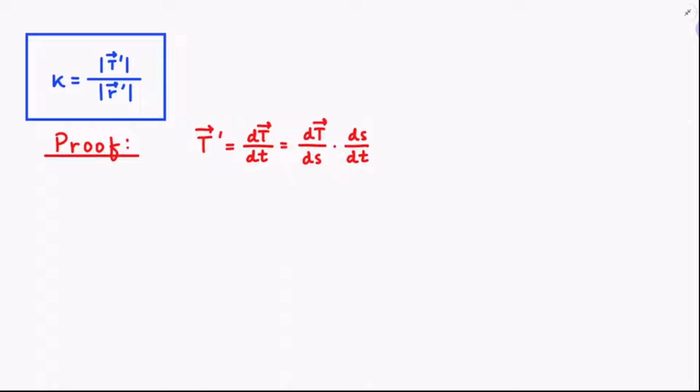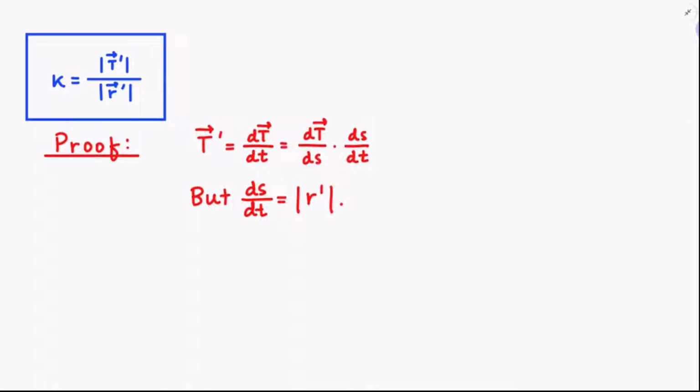I could write this equivalently as dT/ds times ds/dt, with the chain rule. And then this is something I can work with, right? Because that dT/ds is close to the meaning of curvature. If I took the length of that vector, that would give me the curvature. So I'm going to do a little bit of algebra here.